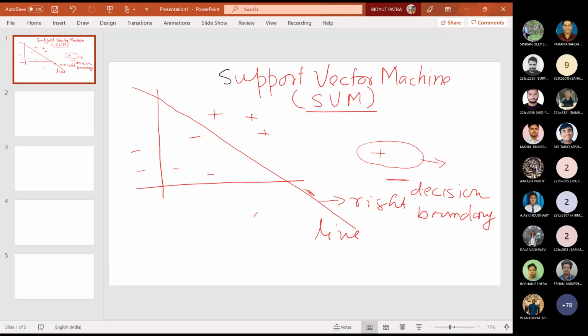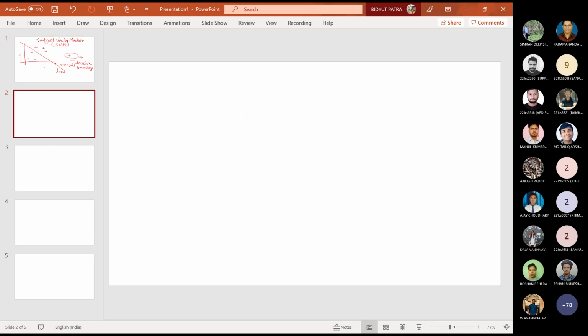In today's class we will see how we can find such a line. So here we go.